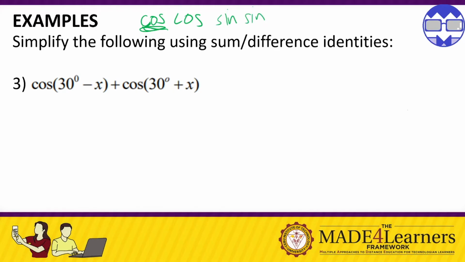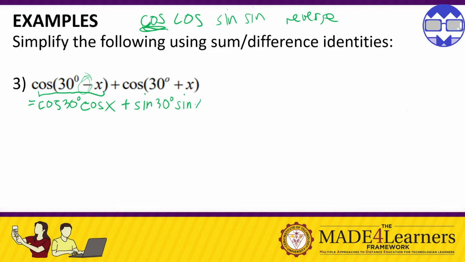So we have cos 30 degrees cos of x, and if it's minus, then the reverse of the operation: if it's minus, it's plus. We have plus sine 30 degrees sine x.